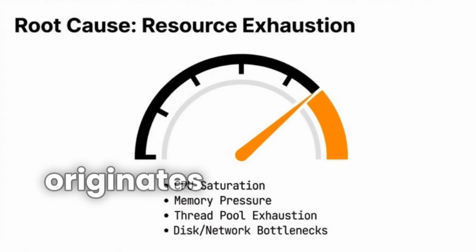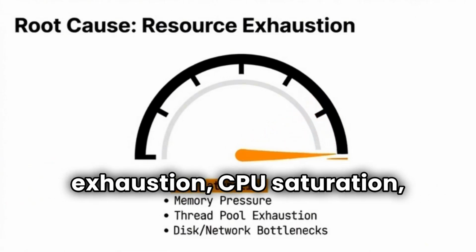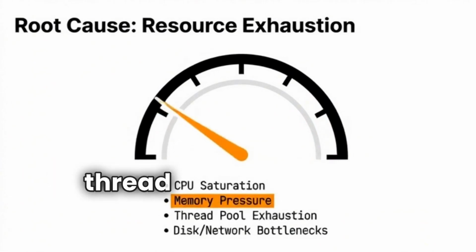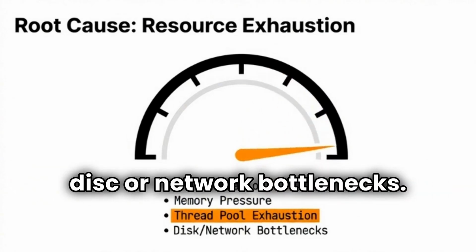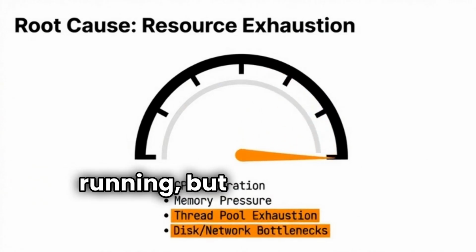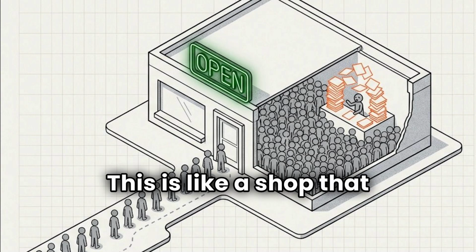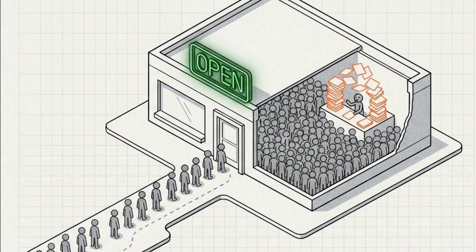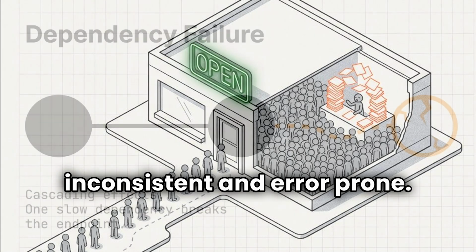Partial failure often originates from resource exhaustion: CPU saturation, memory pressure, thread pool exhaustion, disk or network bottlenecks. The endpoint is still running, but it is operating beyond its safe limits. This is like a shop that is open but overwhelmed. Customers can enter, but service is slow, inconsistent, and error-prone.